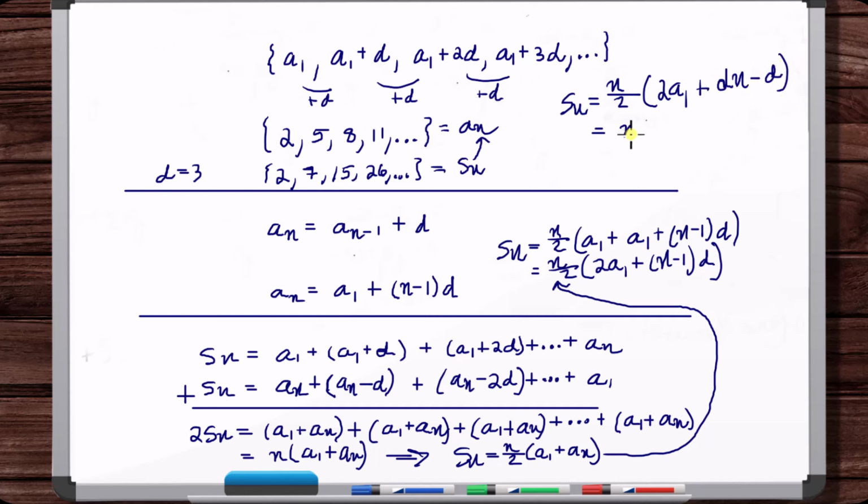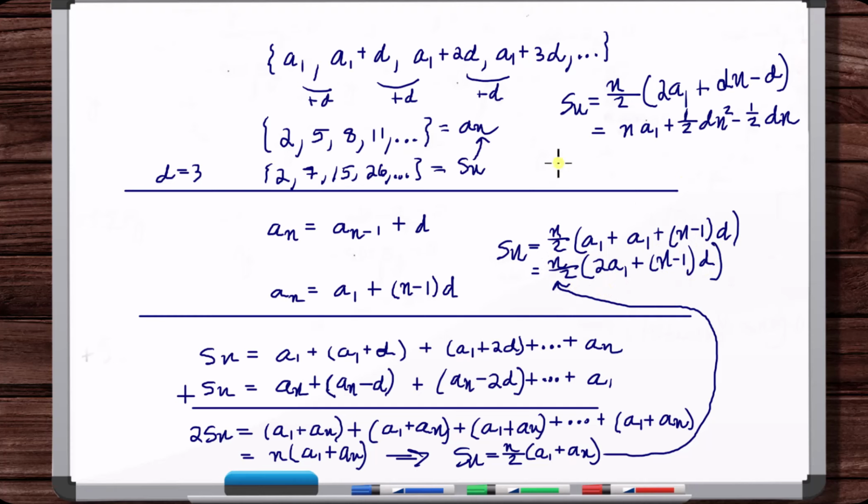So n a1 plus 1/2 dn squared minus 1/2 dn. And maybe you can factor that, but this might be a little too messy. So maybe this is the cleanest form. Just leave it like that. But you get the idea.